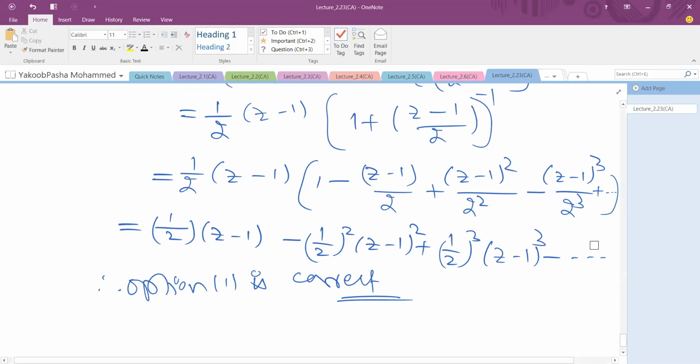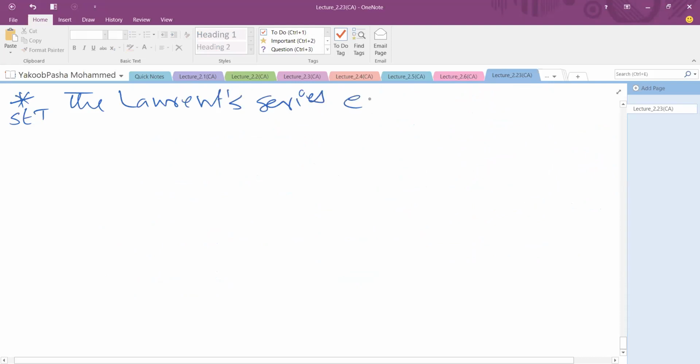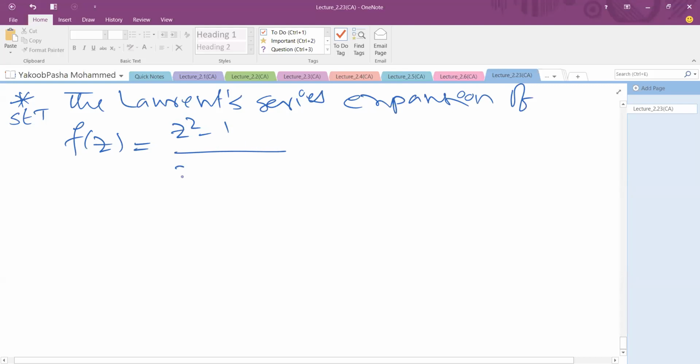The Laurent series expansion of f of z is equal to (z square minus 1) divided by (z square plus 5z plus 6).